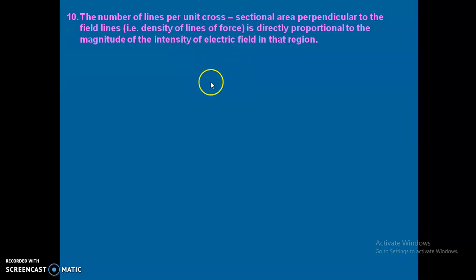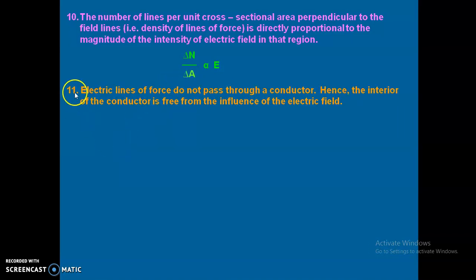This can be represented mathematically like this: delta n by delta A is directly proportional to E. This is the number of lines per unit cross-sectional area, and that is directly proportional to the electric field. Okay, so remember it.